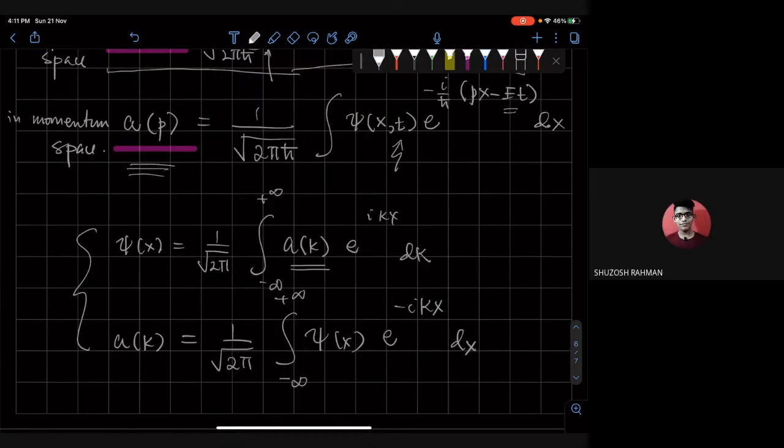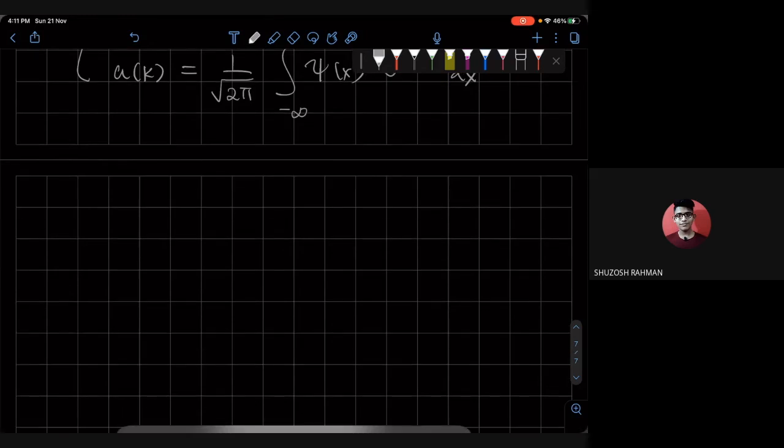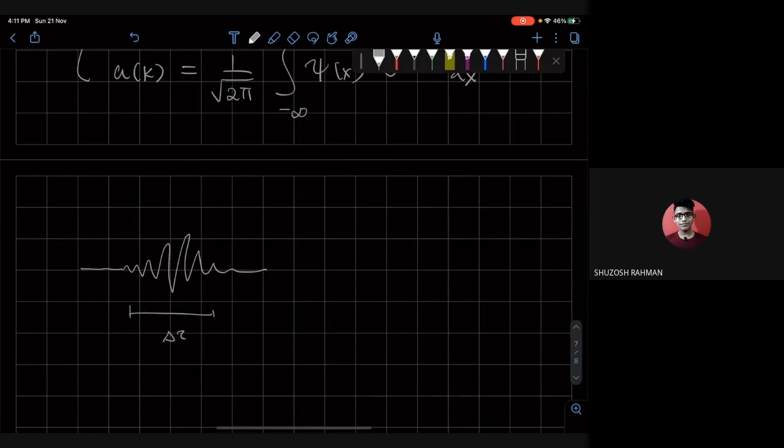Sir, why are we doing this Fourier transform? What does it help us with? Yeah, that's a very good question. It helps us understand our system a little bit better. So, for example, suppose that we have a wave packet like this, and its width, delta psi, is very small.